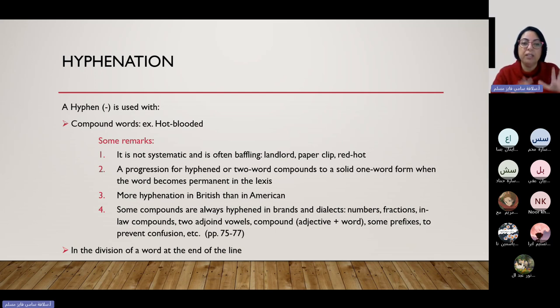All of these, you can find them in pages 75 to 77. You find lots and lots of examples for each one of them.